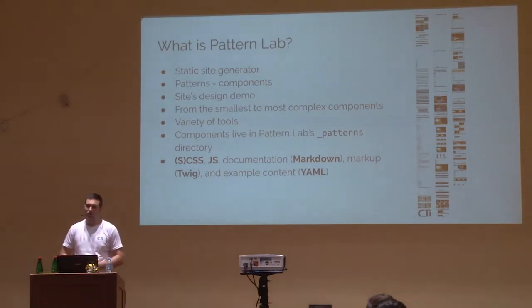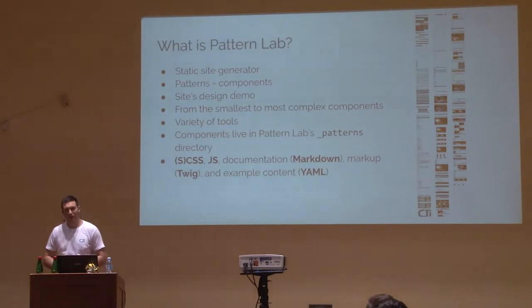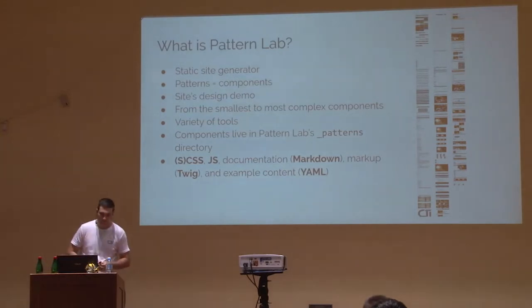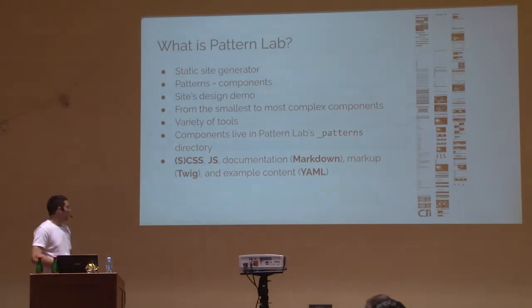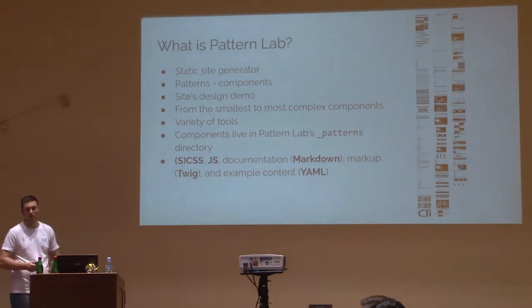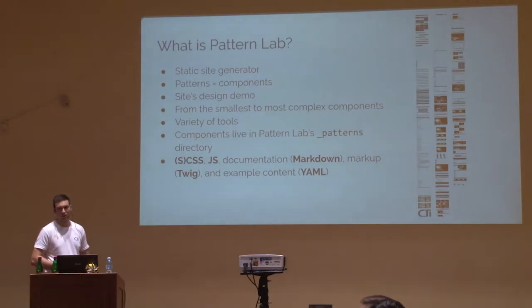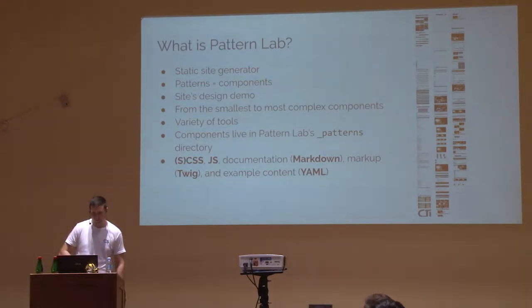All components live in Pattern Lab's directory, and components are broken into atoms, molecules, and organisms. Each component has CSS or SCSS, JavaScript, documentation in Markdown, markup, which is in Twig, and example content that we fill those components with in YAML format.